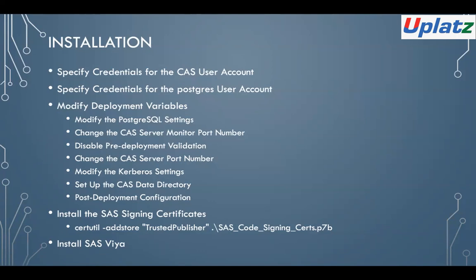So to ensure proper performance of your SAS solutions, SAS recommends that the CAS data directory option be configured to a high performance storage platform, for example SAN, NVMe, and multiple disk drive arrays, and they must be owned by the CAS user. So we'll update the settings accordingly and save the file.